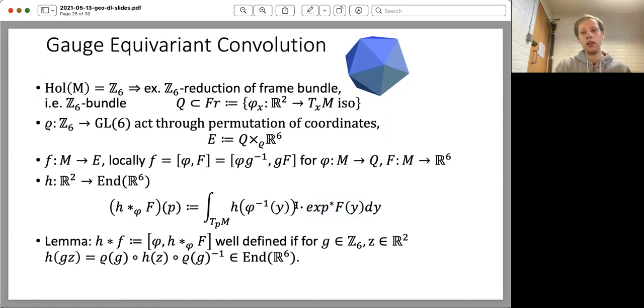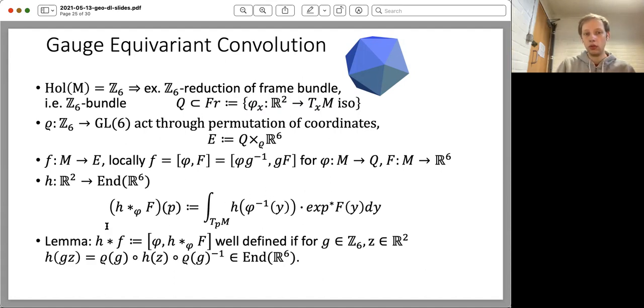The other part is h composed with phi inverse. Phi is always some isomorphism between the tangent space and R2, so phi inverse maps into R2, then we can apply h and get an endomorphism of R6. So the dot in this integral is matrix multiplication of our matrix and our vector in R6.